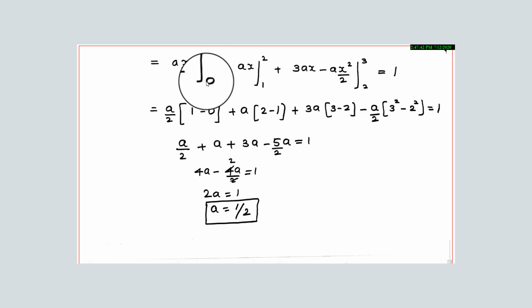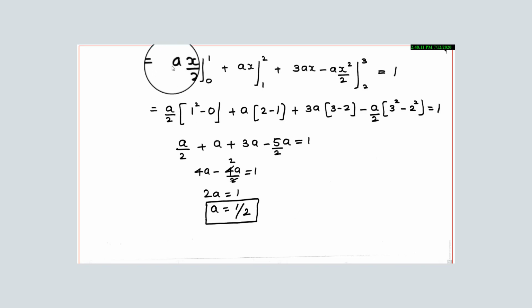So I'll be getting a, which I have taken outside, times x square by 2 over the limits 0 to 1, plus again a outside, and integration of dx is x over the limits 1 to 2, plus over here I had 3a. So integration of 3a into x minus a into x square by 2 over the limits 2 to 3 is equal to 1. Now for each of the values I shall be substituting the upper limit and lower limit.